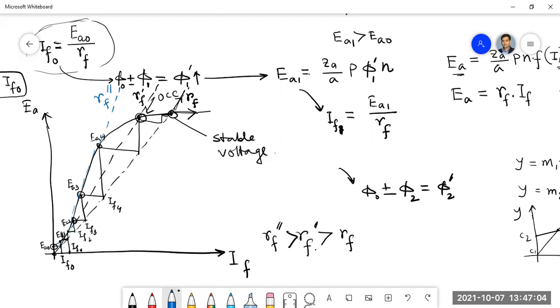This is a very important point if you could understand this. স্যার তাহলে তো ইএমএফ ইনডিউসড হবে না, তার কারণ ক্রিটিক্যাল রেজিস্ট্যান্সটা বেশি হয়ে যাচ্ছে। I have not defined critical resistance.